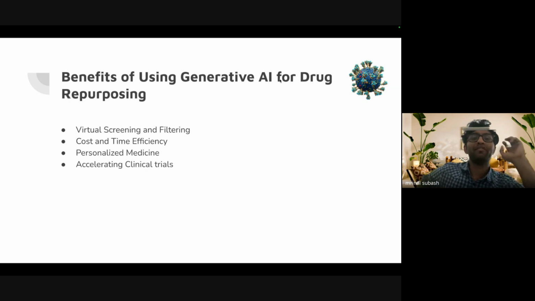And now, benefits of using generative AI for drug repurposing. So, in many cases, virtual screening and filtering. AI can filter out a vast library of existing drugs against targets, enabling us to filter out the most promising candidates.